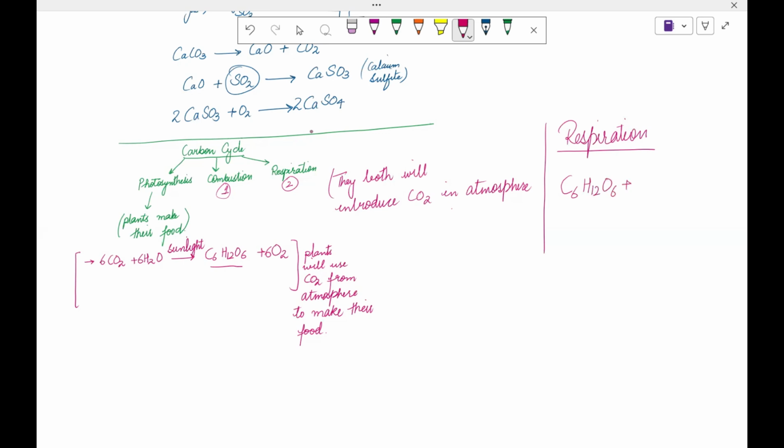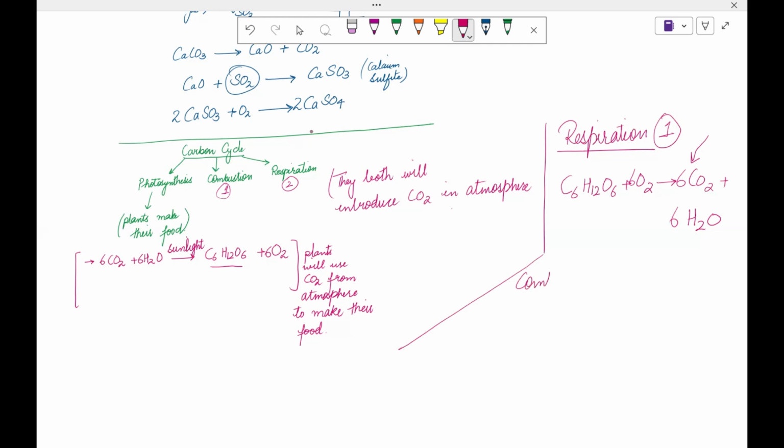It is going to react with oxygen and it will produce carbon dioxide, and it will also produce water as well. Okay? So we are going to balance it. In this way, it will produce carbon dioxide which will be released into the atmosphere. So this is the first process by which carbon dioxide is released into the atmosphere.